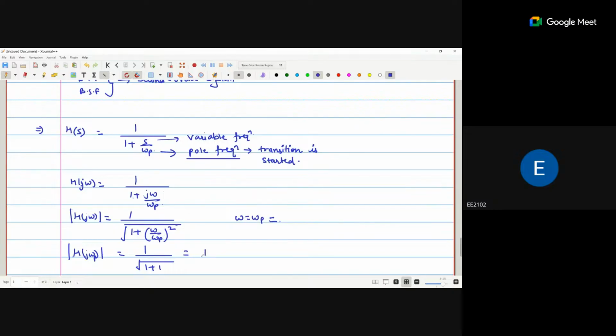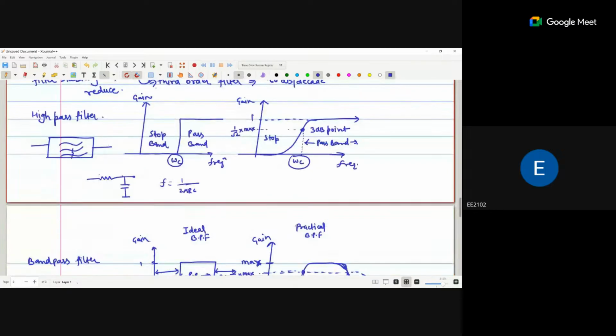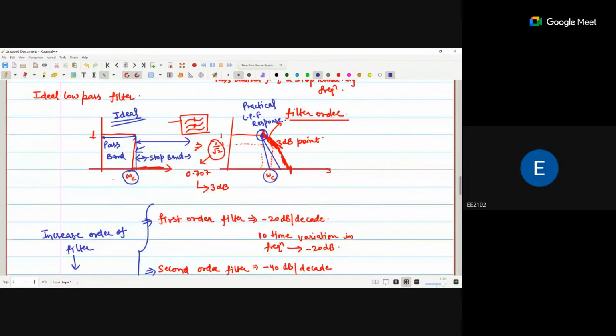So generally we can say when omega is equal to omega p, the magnitude |H(j omega)| is 1 upon root 2.